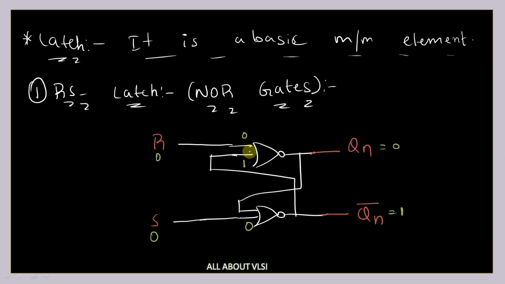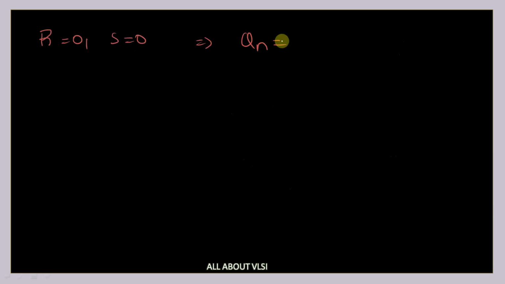So 1 plus 0 is 1, and the complement of that is 0. So the Qn will still be 0, and this 0 will be passed over here, that is 0 plus 0, that is 1. So if R is equal to 0 and S is equal to 0, you are still getting 0 and 1. Here Qn is nothing but our present state.